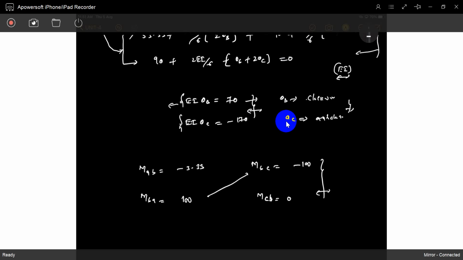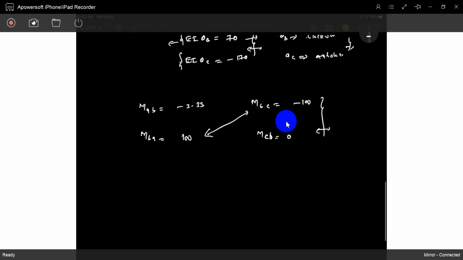See, MBA is 100 and MBC is minus 100, so the joint is in equilibrium. The moment at support B is only one value, that is 100. MAB is minus 3.33, meaning anti-clockwise.